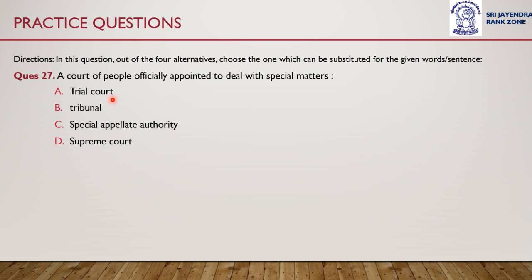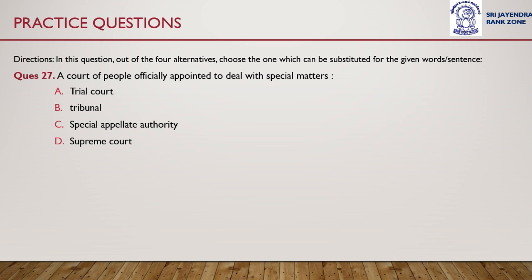Options are trial court, option B, tribunal, option C, special appellate authority, or option D, Supreme Court. A court of people officially appointed to deal with special matters, is it called a trial court, a tribunal, special appellate authority, or Supreme Court?